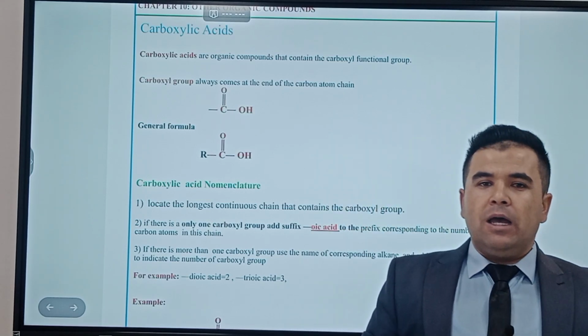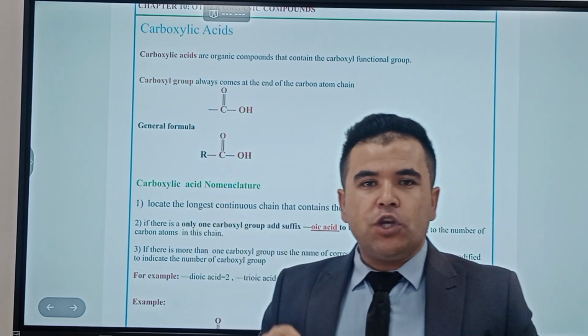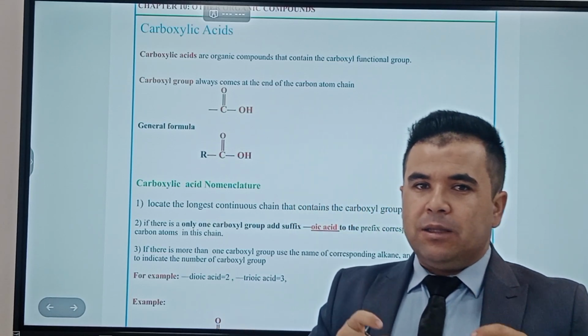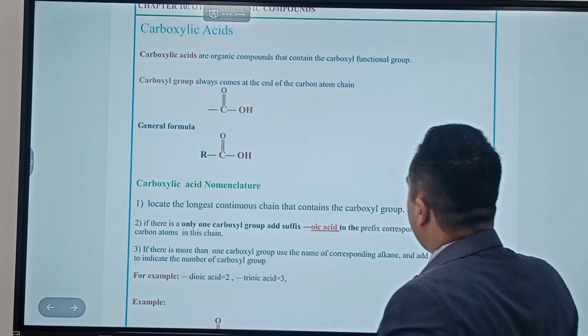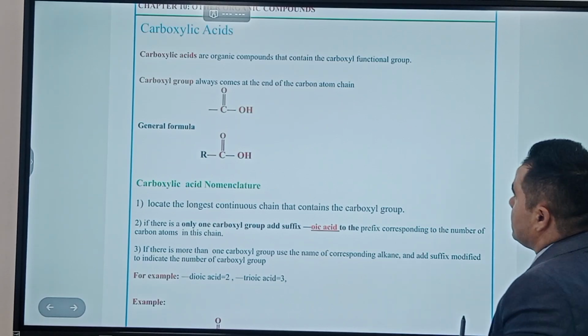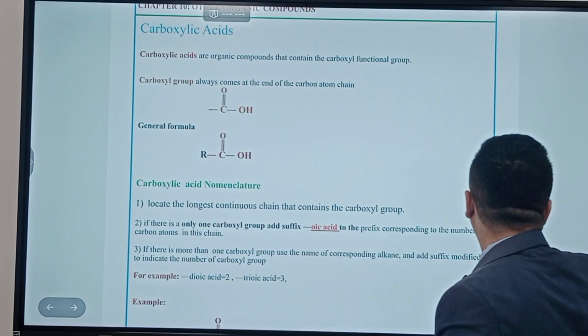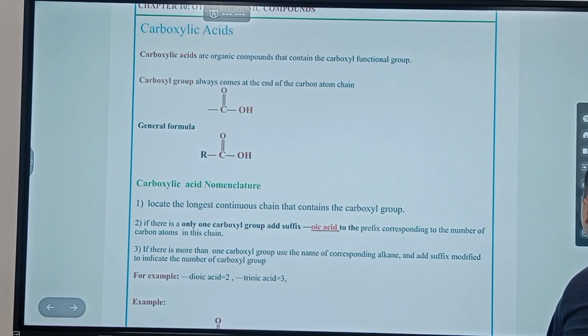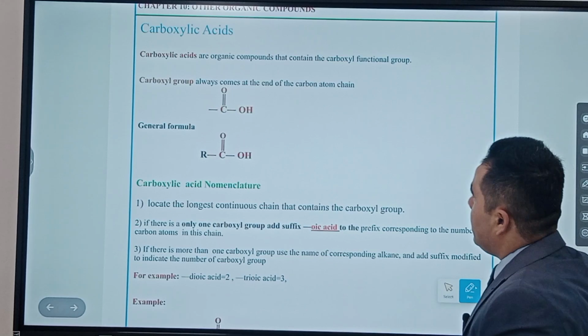The aldehydes and ketones we talked about have carbonyl groups: the aldehyde at the end of the chain, the ketone between two carbons. That's the only difference. Now the carboxylic group. Carboxylic acids still contain a carbonyl group.